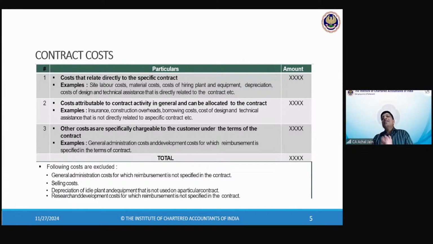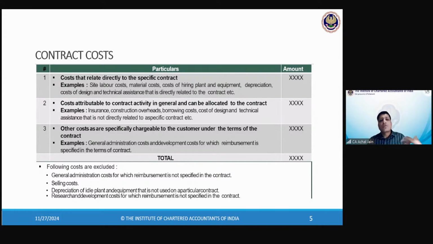See, as far as revenue is concerned, what did we discuss? That between the contractor and the customer, what is the agreement? The initial amount is there, then a lot of variation charges, etc., which the contractor will want to charge from the customer. That is what we discussed. Now we are looking at the costing of the contract. When the contractor will be carrying out the work, or maybe when he wants to enter into the contract, he will estimate the cost.